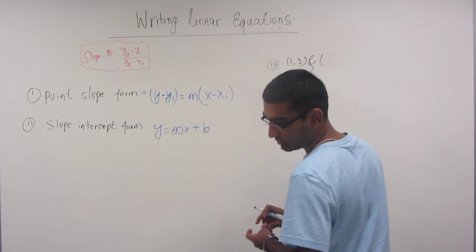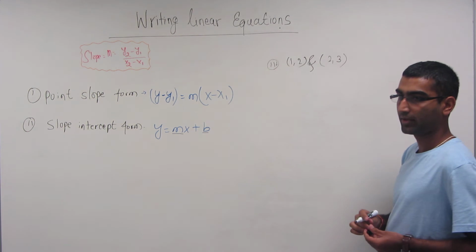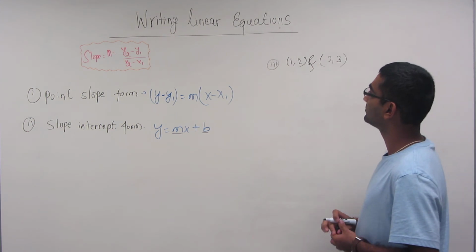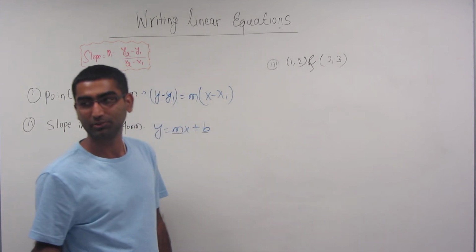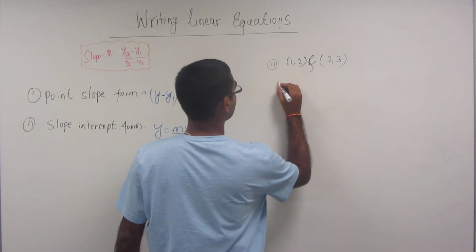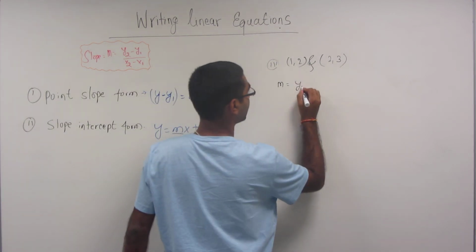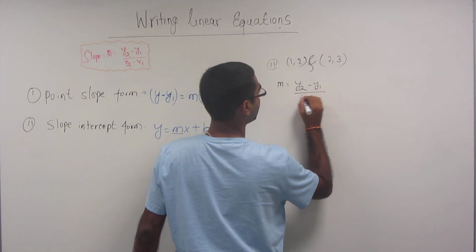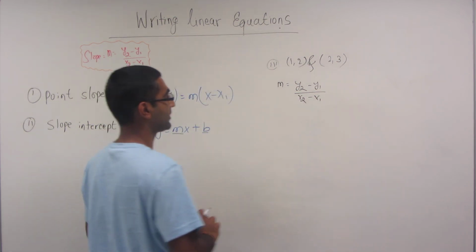(1, 2) and (2, 3). Okay? Now, again, the first thing we're going to do is the slope. Okay, so y2 minus y1 over x2 minus x1. Okay?